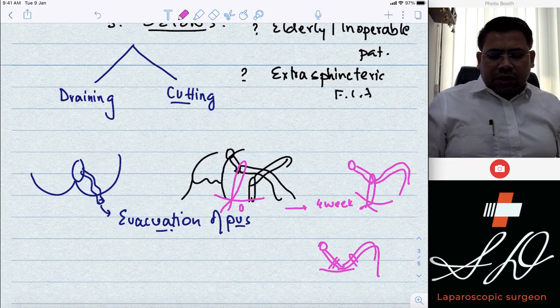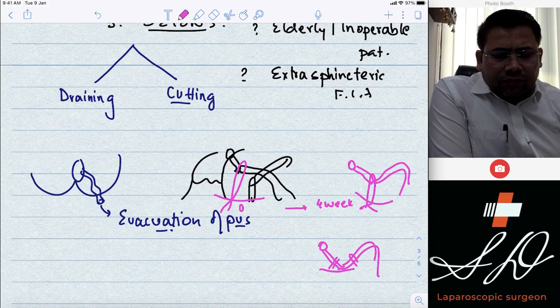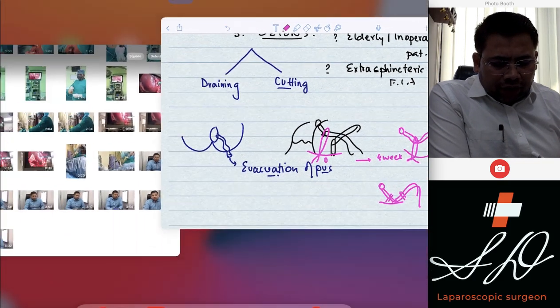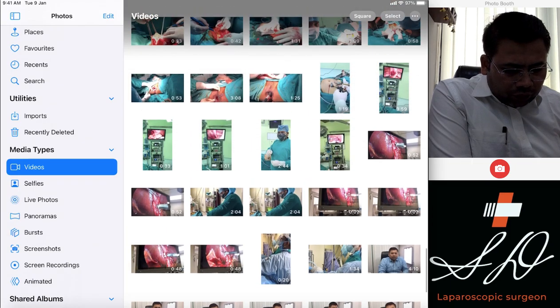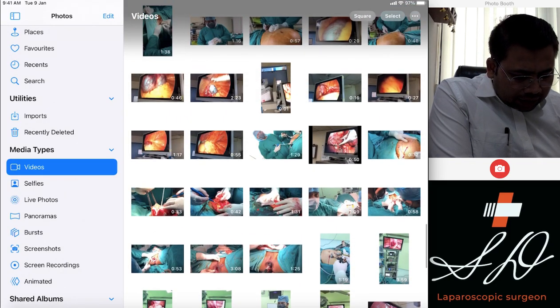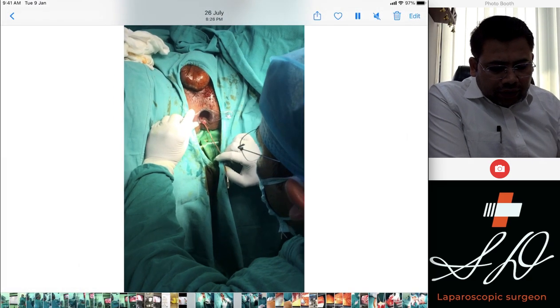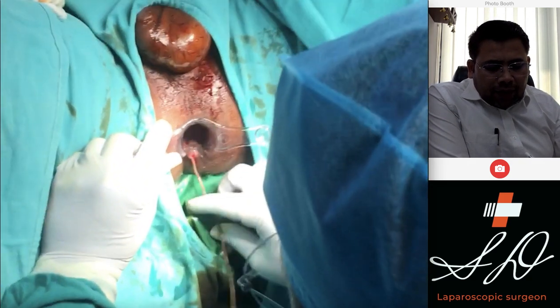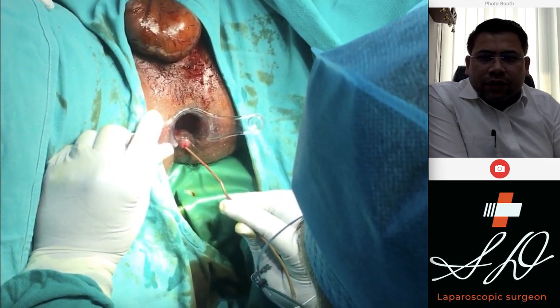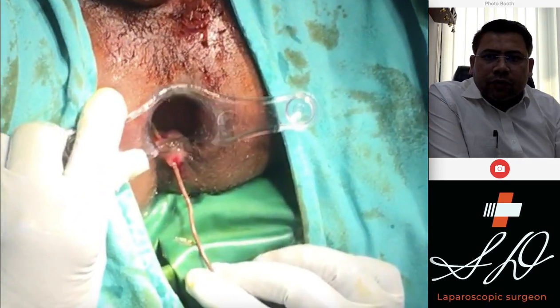I'll show you two cases. One a case of LIFT, and one a case of lay open fistulotomy. Try to see this. I have a metallic probe which I'm opening with. I'm showing you the tract.